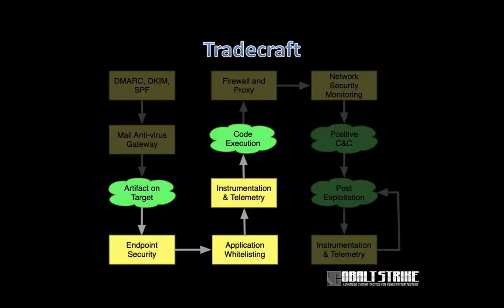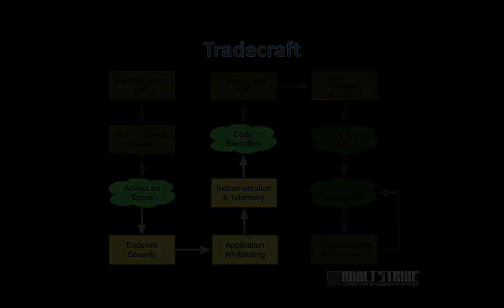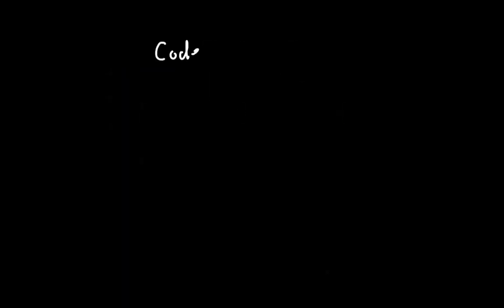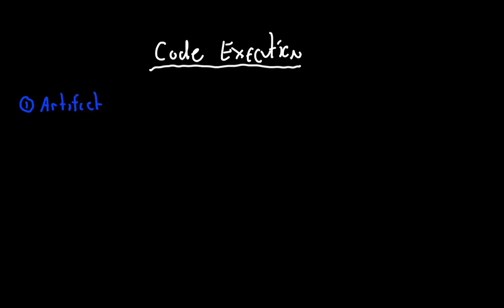Let's talk about tradecraft. Here's where we're at in our attack chain. Our goal is code execution. Let's dig into that code execution attack chain. The first part of the code execution attack chain is your artifact. This is the executable or script file that runs your payload.